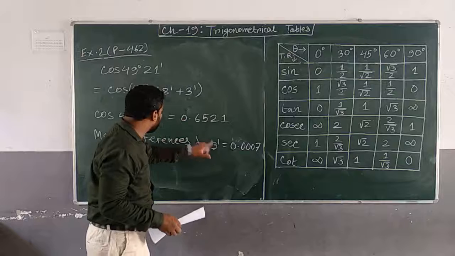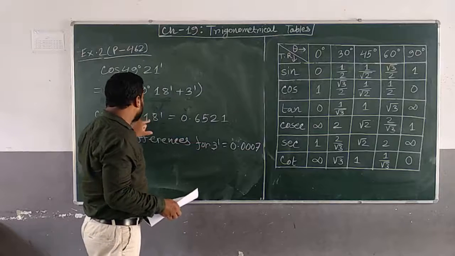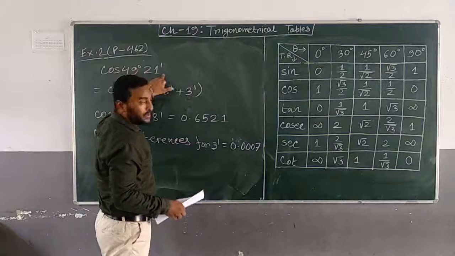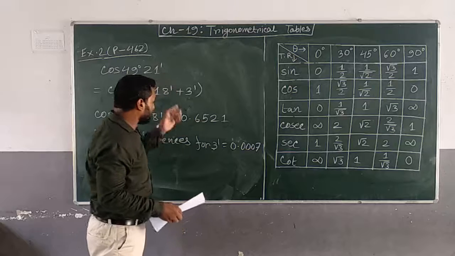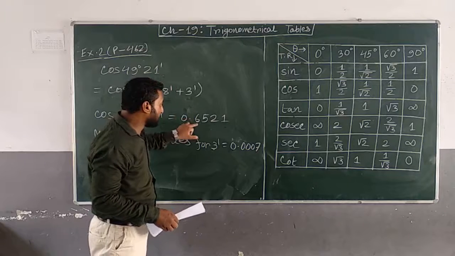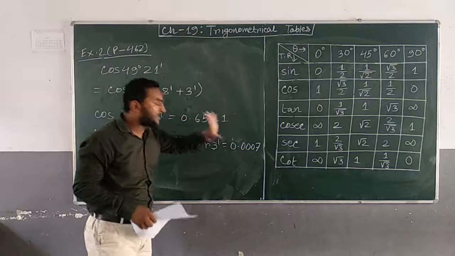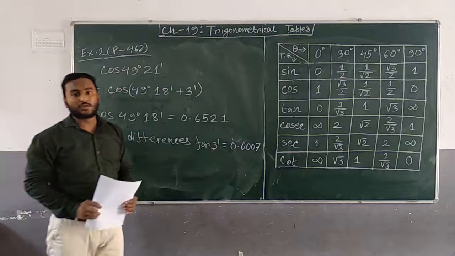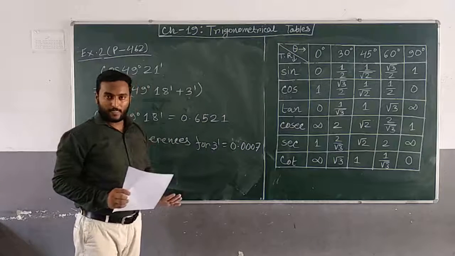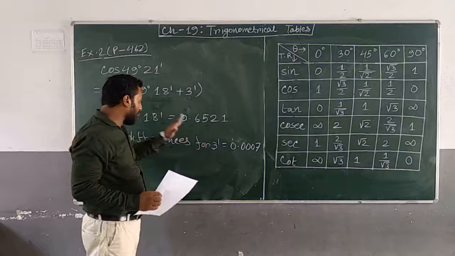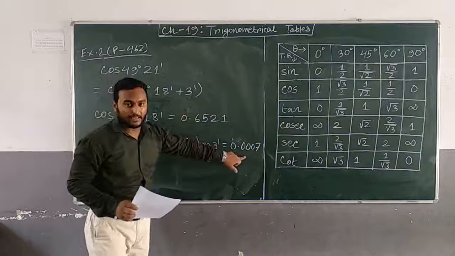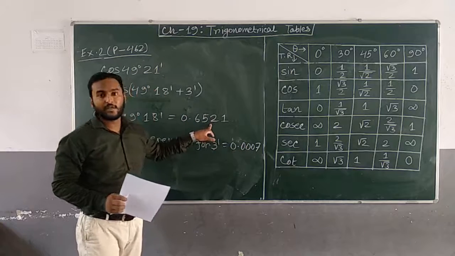So when you add these 3 minutes, it will become 49 degree 21 minutes. Then the value will be 0.6521 minus 0.0007, because when the angle increases, the value will decrease. So that will be subtracted from this one.